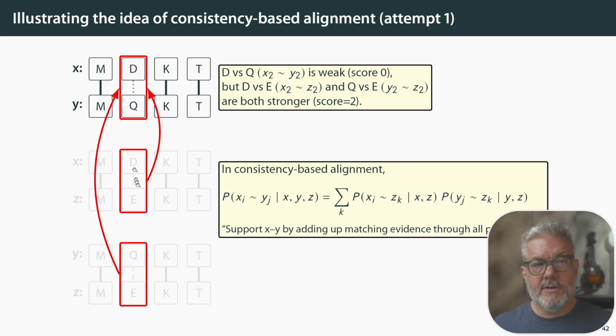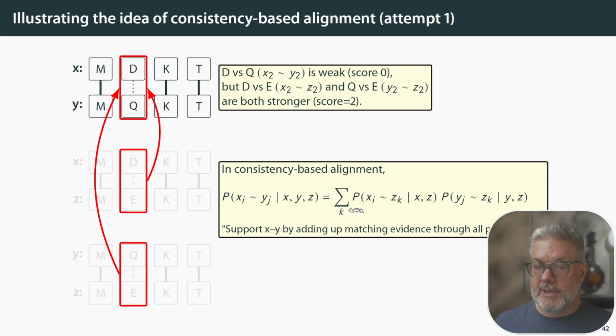But this position has a stronger score, and contributes a little more to that alignment. This position also has a stronger score, and contributes a little more to that alignment in terms of probability. When we incorporate that into a consistency-based alignment, we get to use this indirect information, so that this alignment and this alignment contribute to our interpretation of what should happen at position 2 when we're aligning X and Y.